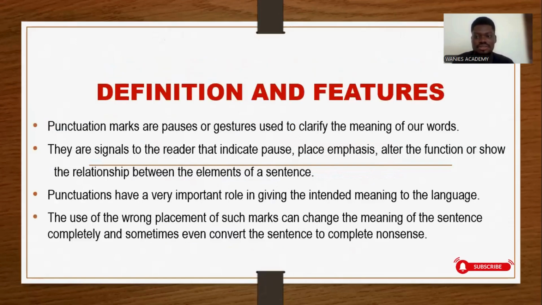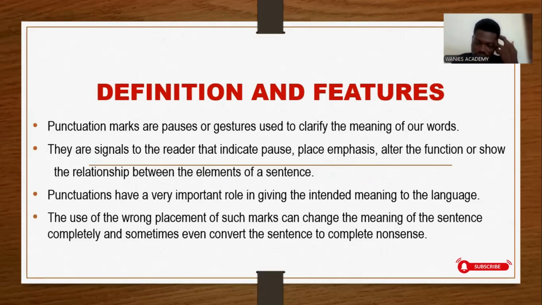Now, what is the meaning of punctuation marks and what are their features? Punctuation marks are pauses or gestures used to clarify the meaning of words. They are signals to the reader that indicate pause, place emphasis, alter the function, or show the relationship between the elements of a sentence, as we have seen in sentence 2.